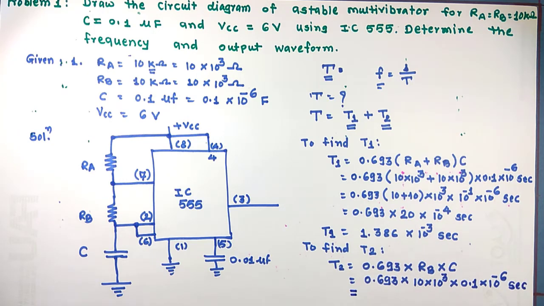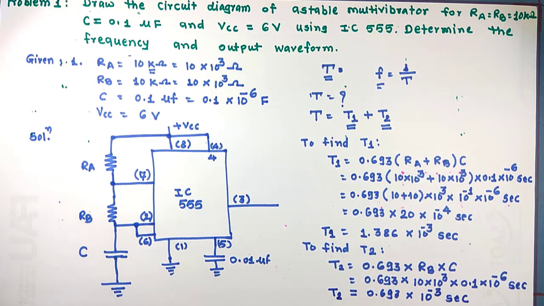So this is equal to 0.693. 10 into 10 raised to 3 is 10 raised to 4, and this is 10 raised to minus 7. So overall, this will be 0.693 into 10 raised to minus 3. So this is in second.